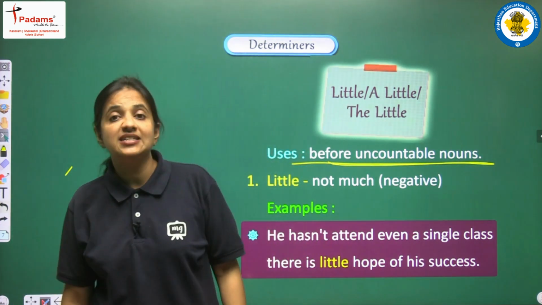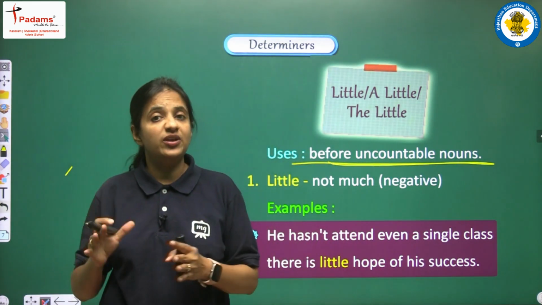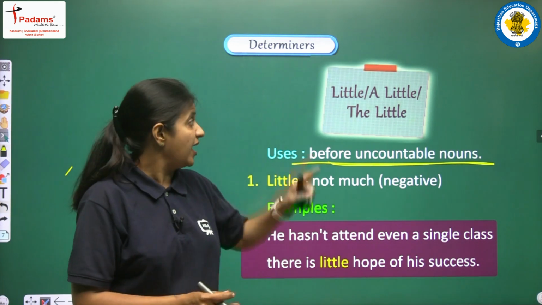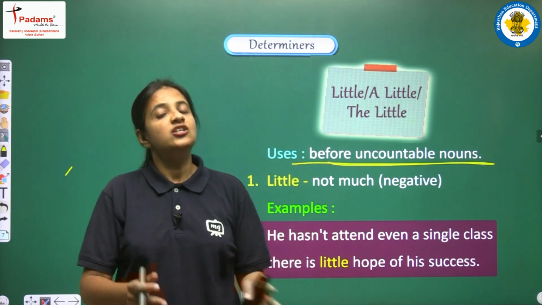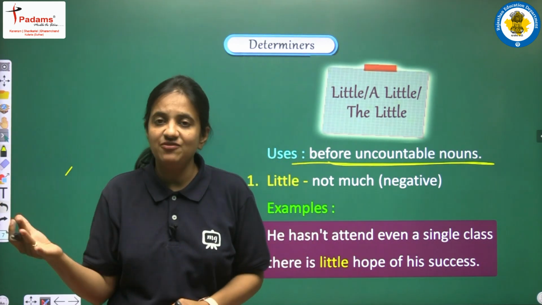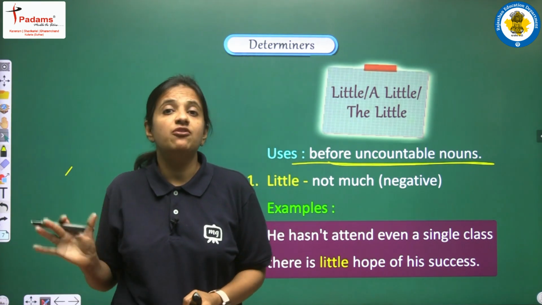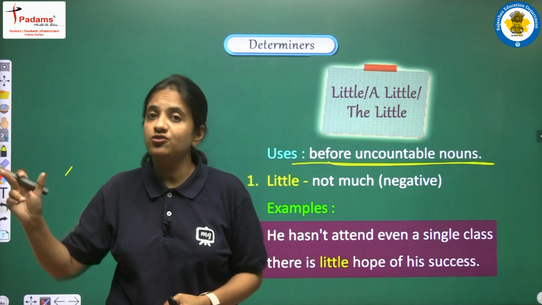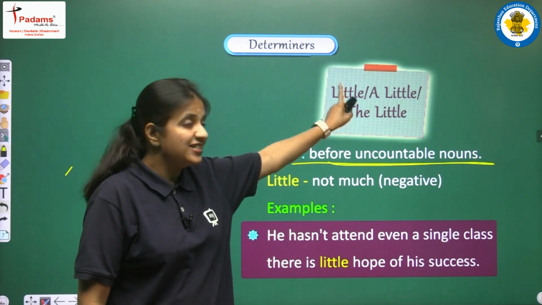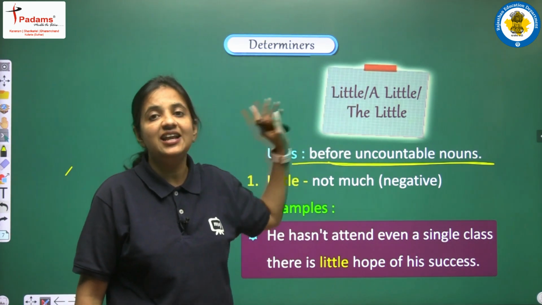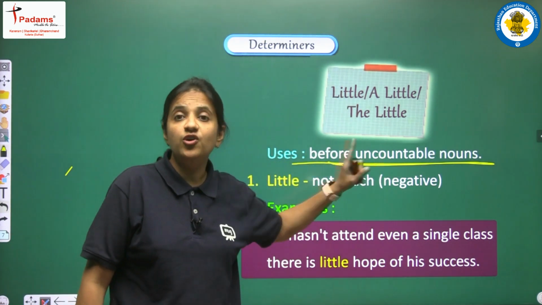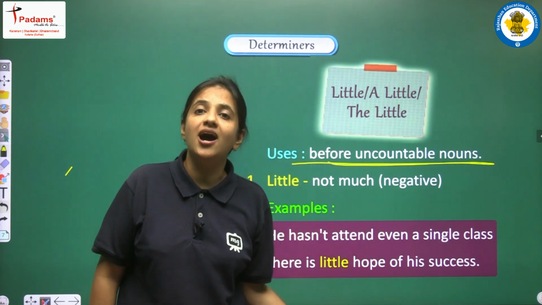So this is the major difference between few, a few, the few and little, a little, the little. In the first category we have discussed that few, a few and the few are used for countable nouns, and these three determiners, little, a little and the little, are used for uncountable nouns.